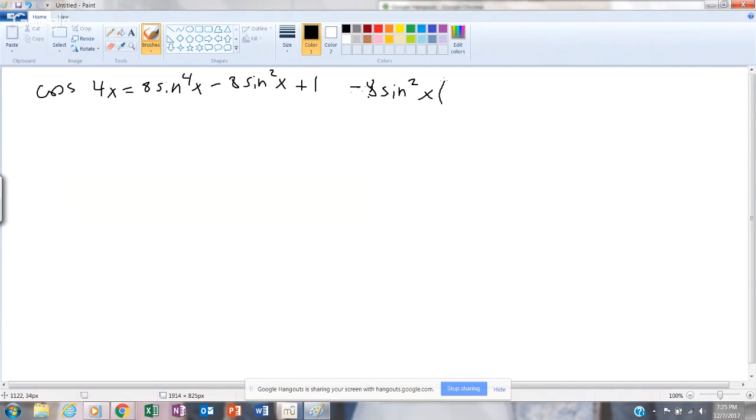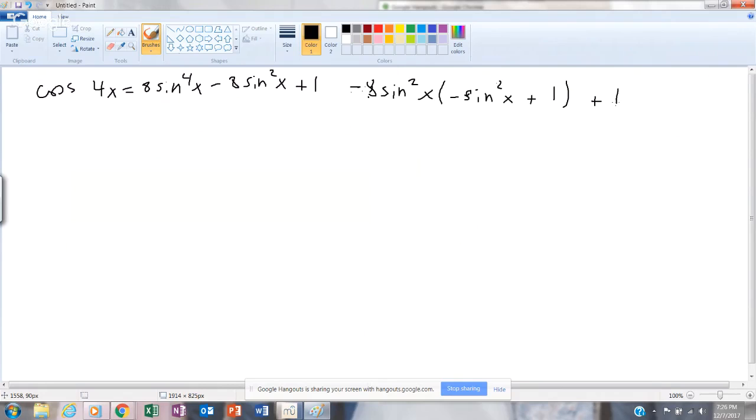So we're going to get negative 8 sine squared of x times (sine squared of x minus 1), plus 1. Okay.